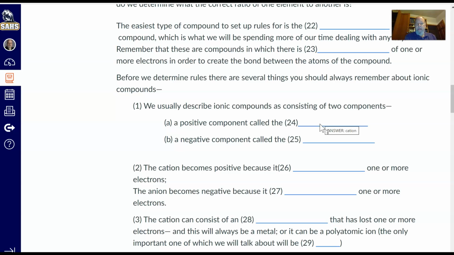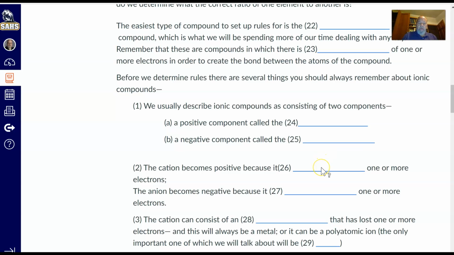Okay, a negative component is going to be called the anion. So I've got 2 components. I've got a positive component and a negative component. And when I was growing up in high school, that was when the first Star Wars movie came out, and Anakin Skywalker in that movie was a negative thing. So anion, Anakin Skywalker, negative. Okay, that's how I remember positive and negative as far as cation and anion go.